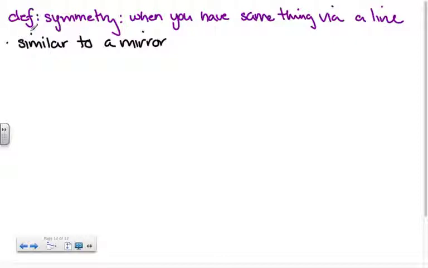And in mathematics, we have three types of symmetry. We have symmetry with respect to the x-axis, y-axis, and origin. So we have three types.